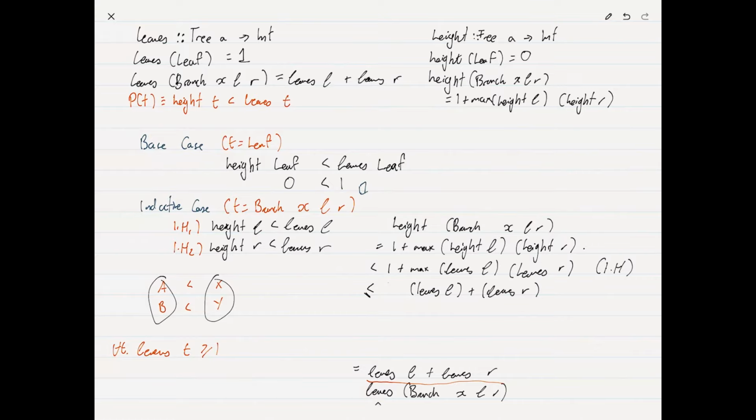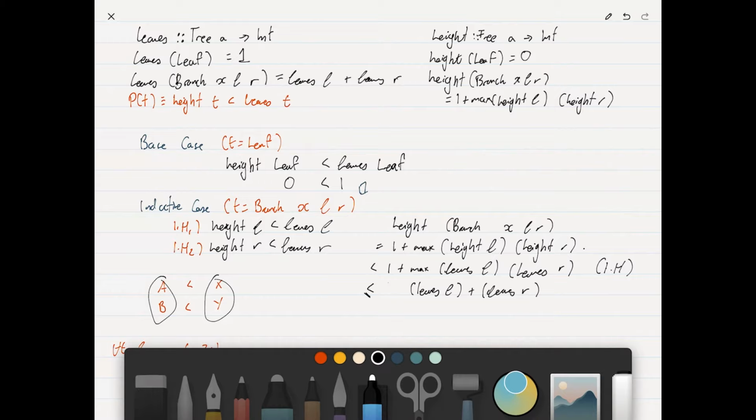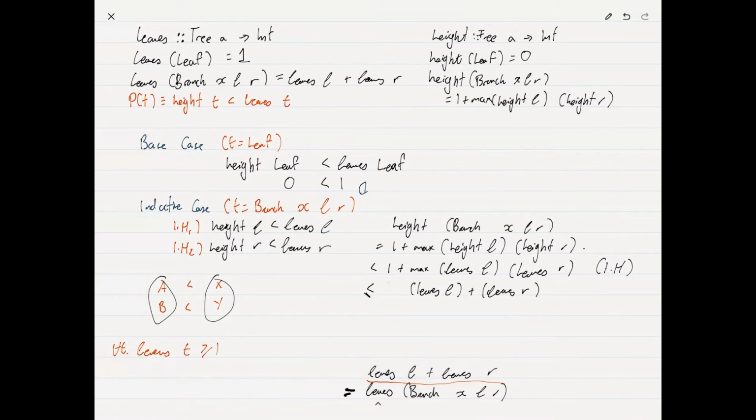And now I have something that I know from this reasoning down here at the bottom equals my goal. So I'll rewrite it. This is equal to leaves of branch X L R.